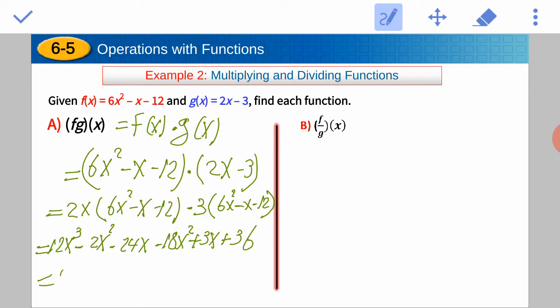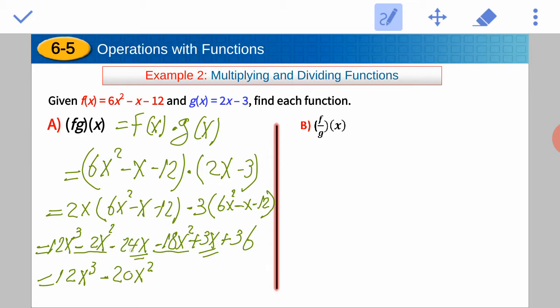12x cubed is a unique term, 12x to the power 3. Guys, I need to identify like terms. Negative 2x squared and negative 18x squared are like terms. They add together to negative 20x squared. I see negative 24x and 3x are also like terms.